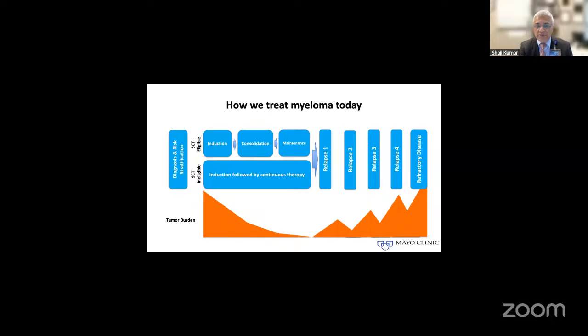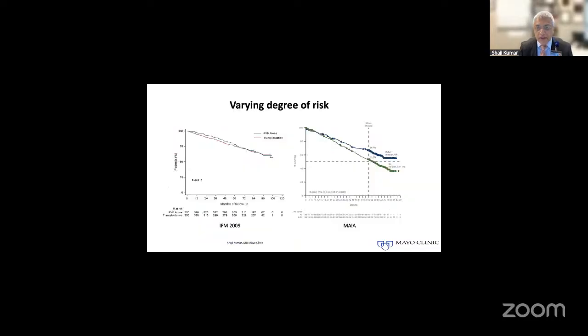Those who are eligible for a stem cell transplant get transplant as consolidation. For others, you continue with the same therapy. Even though with the novel therapies an increasing number of patients are continuing in their first remission for much longer than they used to in the past, the majority of patients in current practice still relapse, and we have to think about how to treat them.